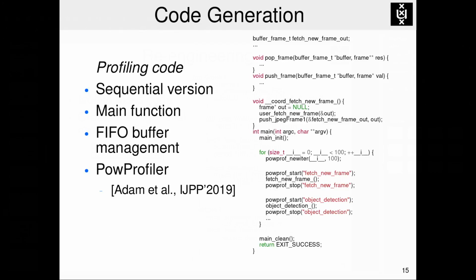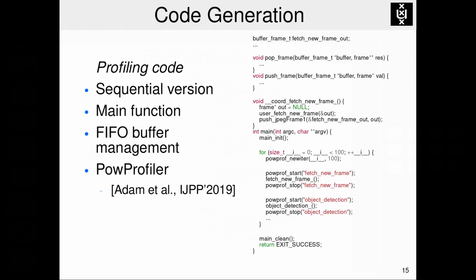So the code generation here is to generate the profiling code. This profiling code is a sequential version of the application. We generate the main function, all the FIFO buffer management for the transmission of data between the nodes of the graph of the identified tasks. You have an example here where we have the main code with a loop that iteratively and sequentially calls the different tasks and subtasks of our project.